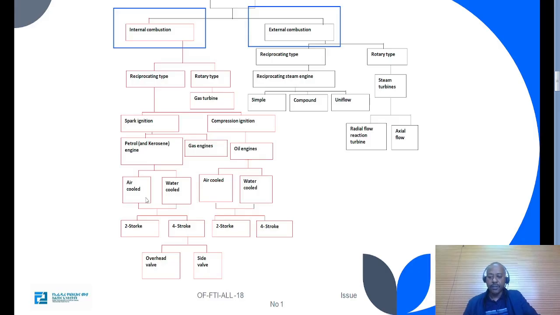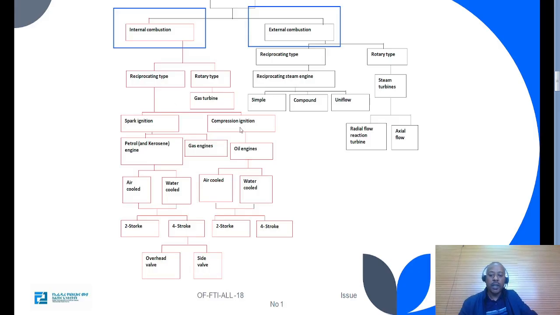Such type of engine is further classified based on the number of strokes, so we have 2-stroke and 4-stroke. And the 4-stroke can be again classified based on the valve gear mechanism: the overhead valve and the side valve.